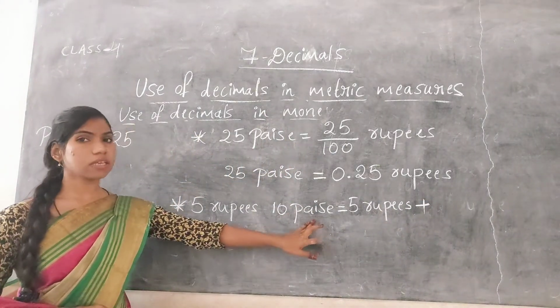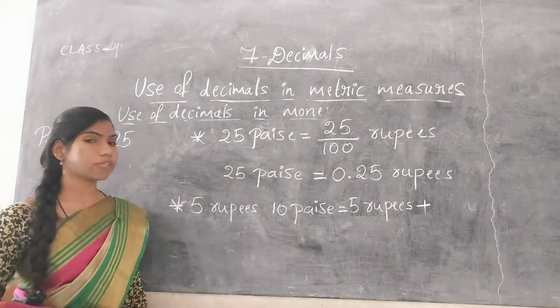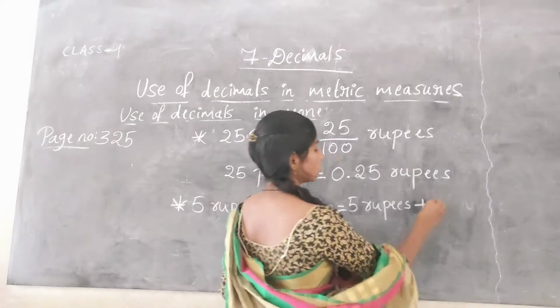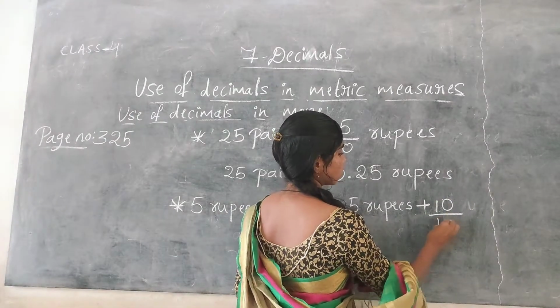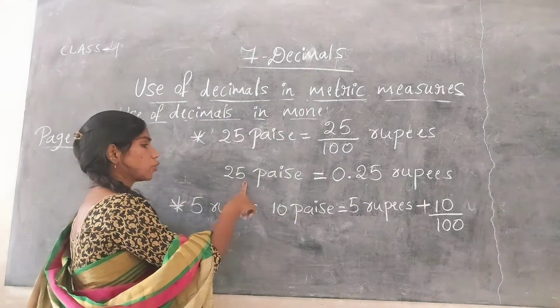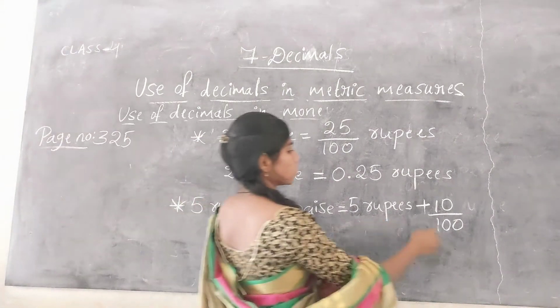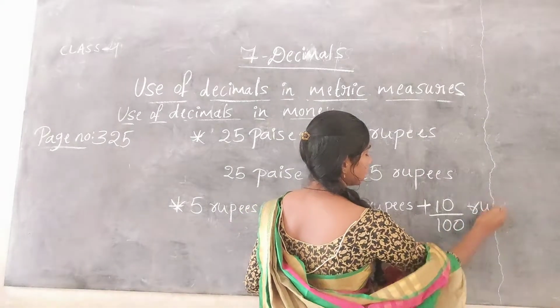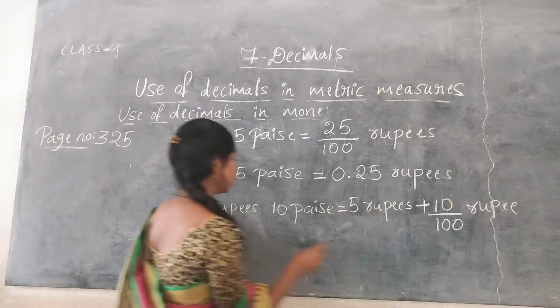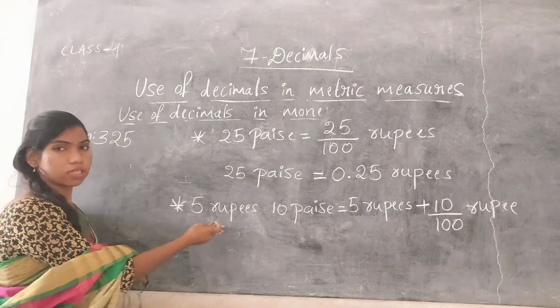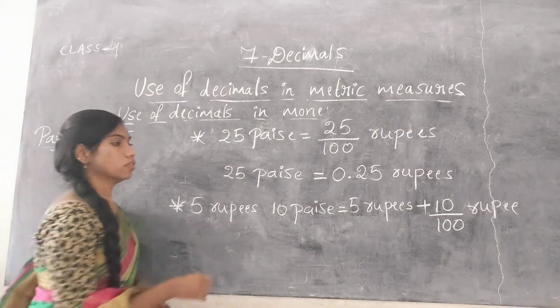Next, 10 paise. We can write 10 paise as 10 hundredth because we need to convert the paise amount into rupees. So 10 hundredth rupee. This 5 is already in rupees, so no need to convert it.